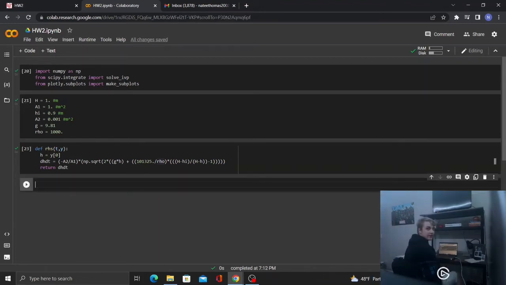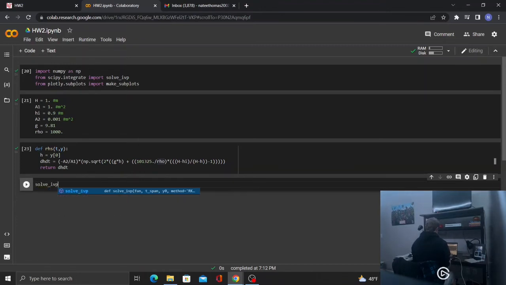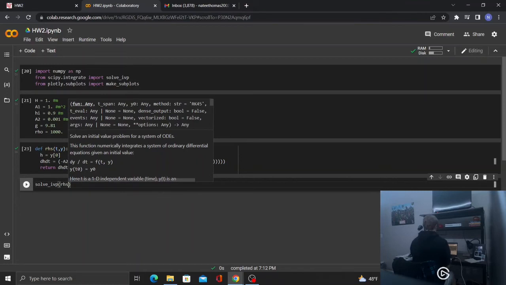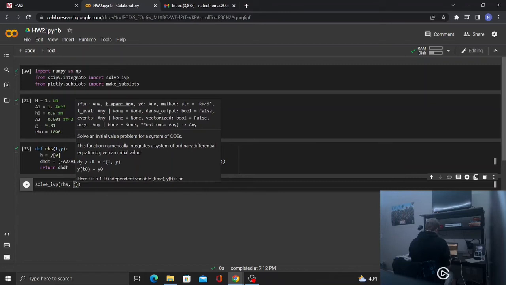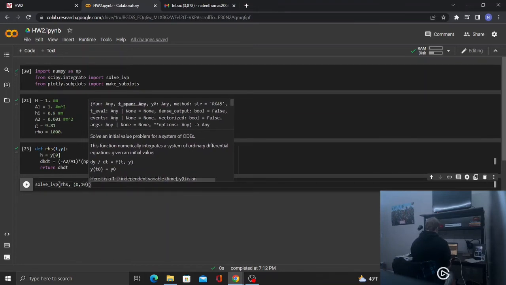So now we're going to want to use the solve IVP function. First we have to give it the function that we're solving, which again is the right-hand side that we just defined above. Then a starting time, which is going to be t equals 0, and a final time, which we're just going to go with 10 to start and see if we need to change it.